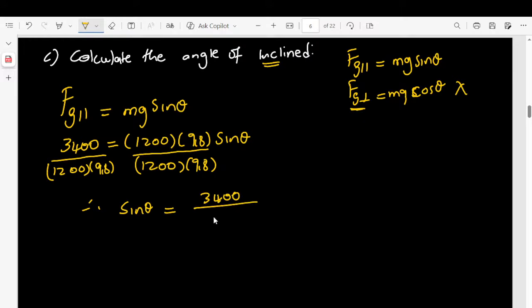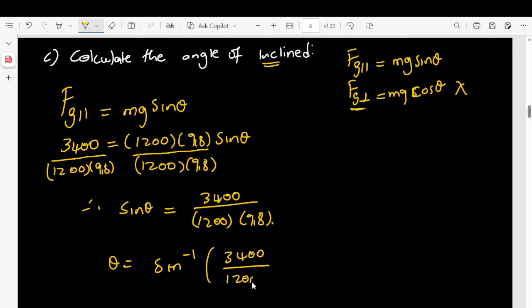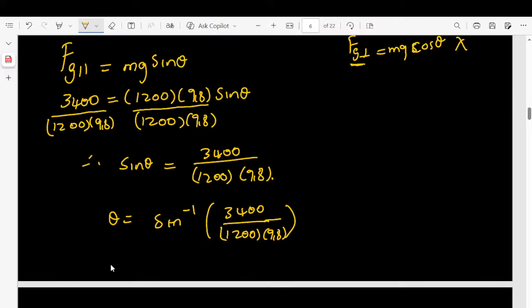I'm not going to put this on the calculator yet because I don't want to round off. This will affect my final answer. So theta will be the sine inverse of everything inside the bracket. You see, this is how easy it is. You just have to punch that on the calculator and find your angle theta, the angle of inclination.